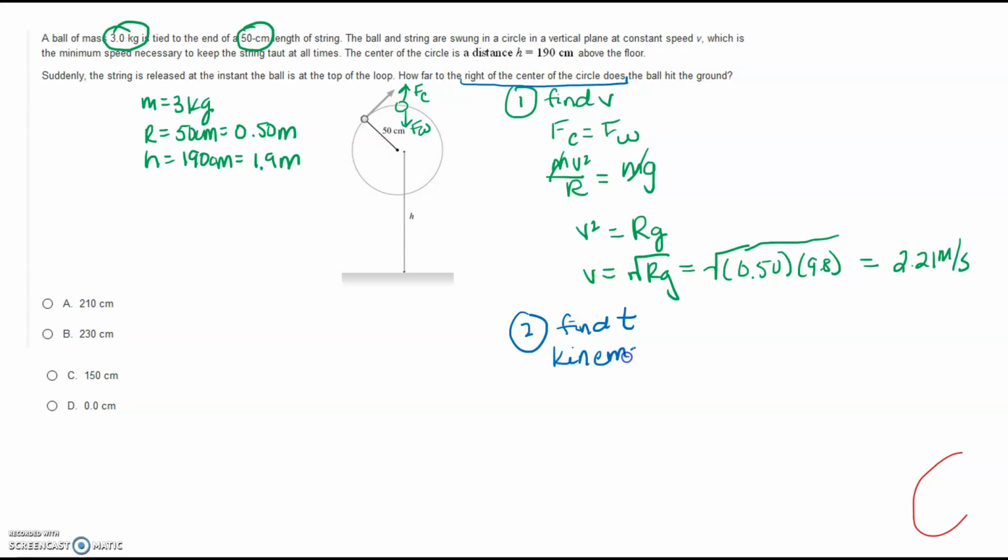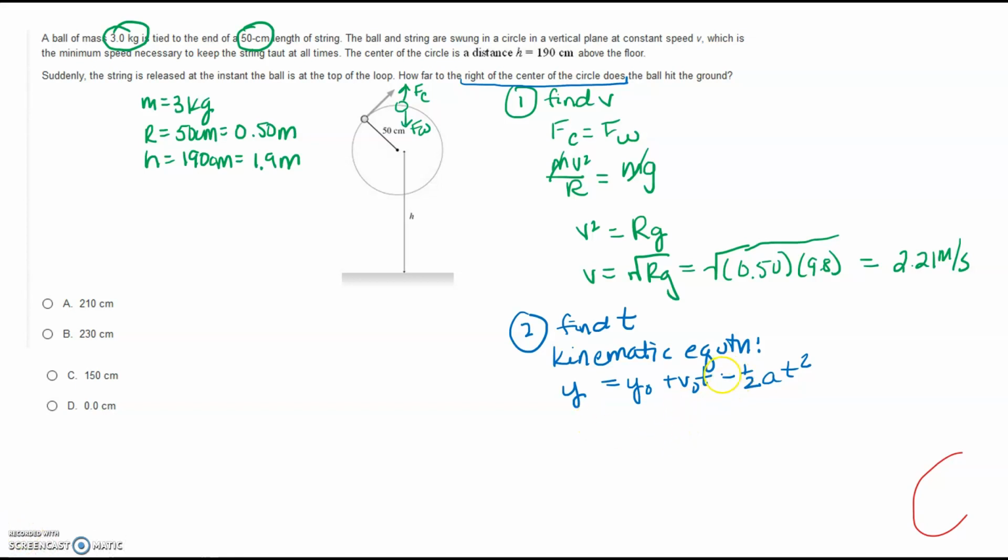So I'm using the same kinematic equation I used last time, and I have y is equal to y initial plus V0 t minus 1/2 a t squared.